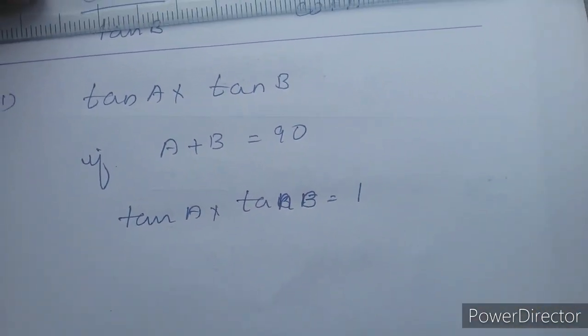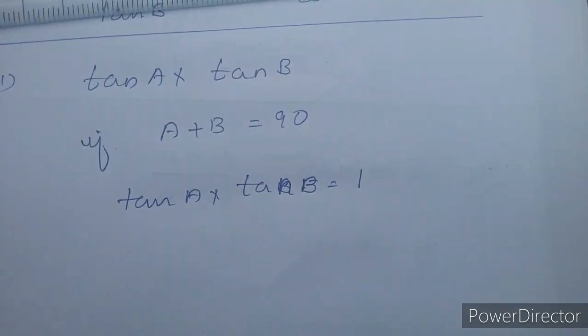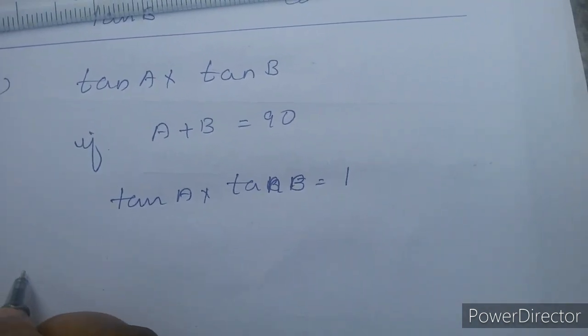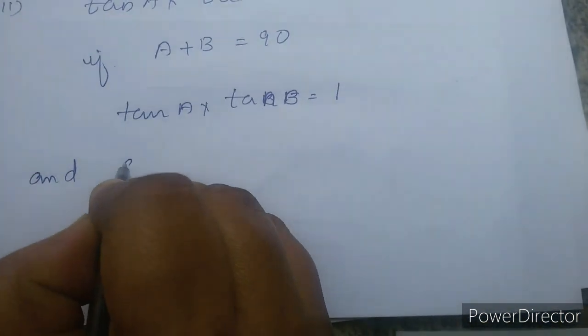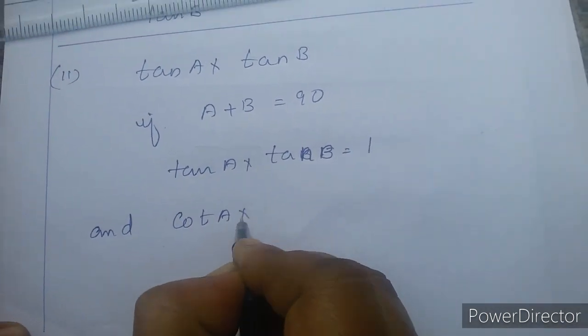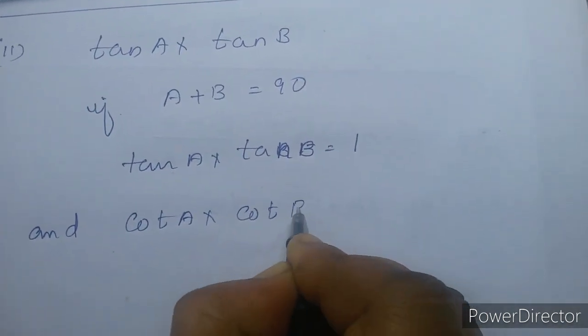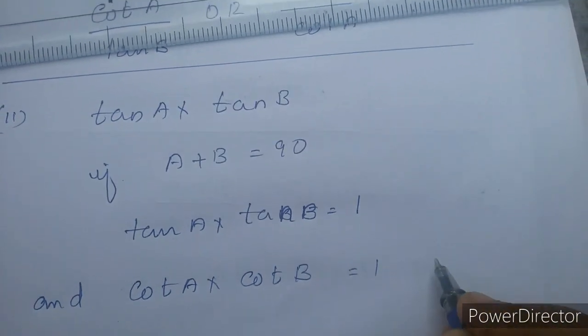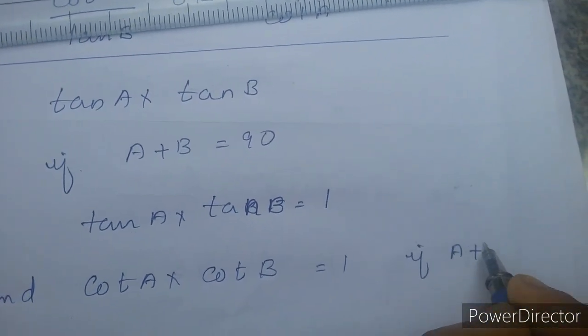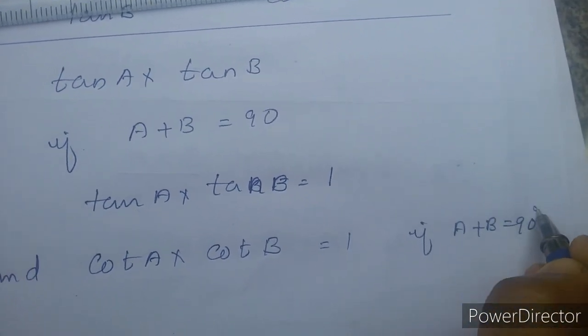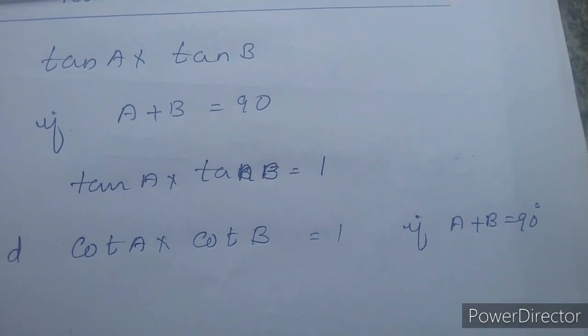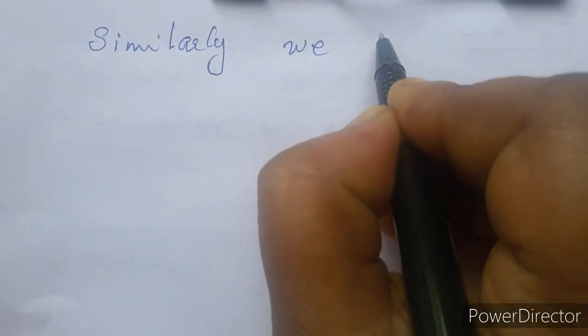We will get the answer equal to 1 by applying the complementary angle relations, and cot A into cot B also equal to 1 if A plus B equal to 90 degrees. We can make one more group.